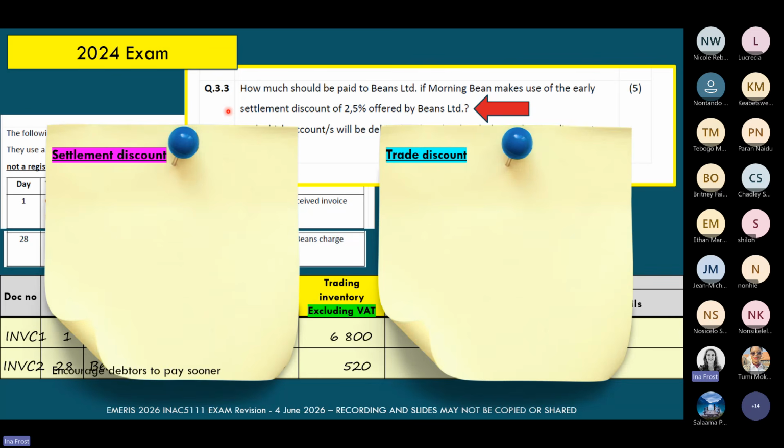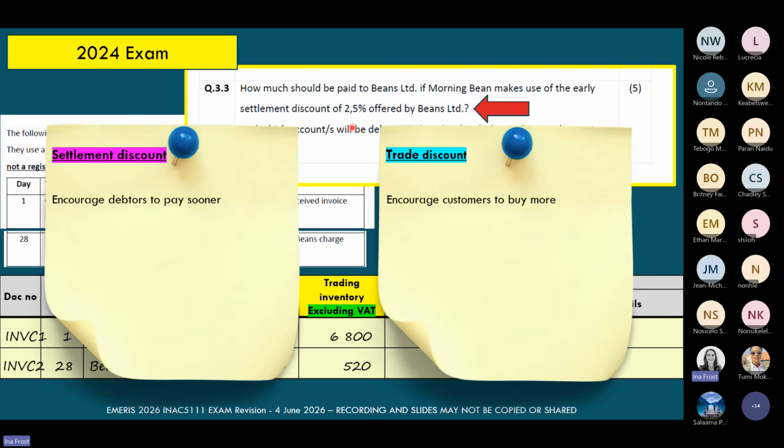So a settlement discount is a discount that we will give our debtors to encourage them to settle their outstanding balances sooner. So Beans Limited is offering us 2.5% discount if we will quickly pay the outstanding balance that we owe Beans Limited.